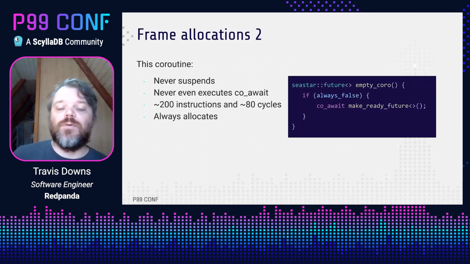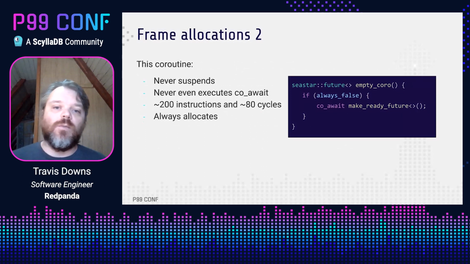So here's a concrete example. I call it empty coro, should be an almost empty coroutine, but it has one co_await call in there, and it returns make_ready_future. Make_ready_future is just immediately returning a ready future. It's an inline method that's visible to the compiler, so the compiler knows that the state of the future is ready.